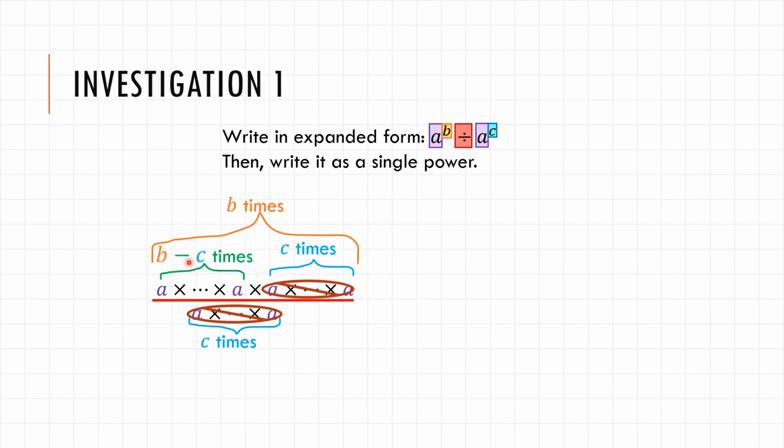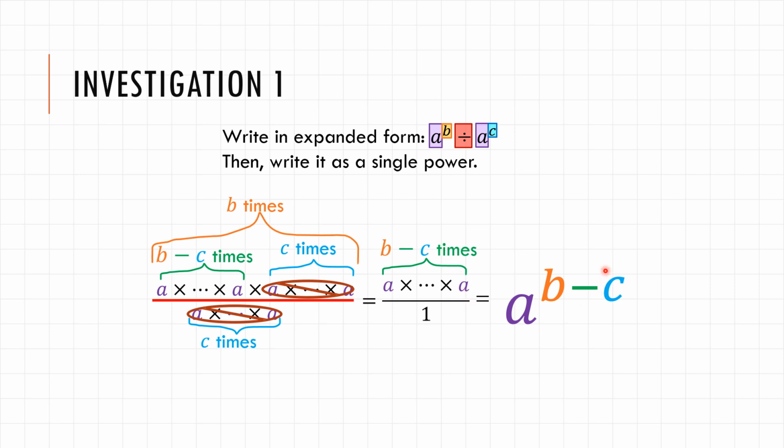B minus c. I started off with b and I subtracted c. That leaves me with b minus c. And so if I want to write this as a single power, it would end up being a times itself, b minus c times, which is just a to the power of b minus c.